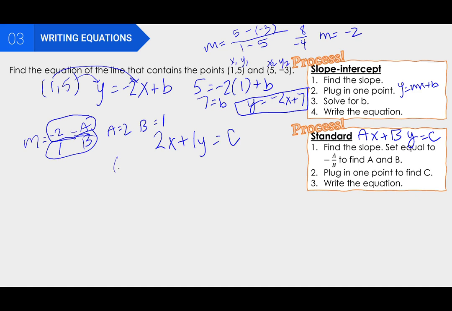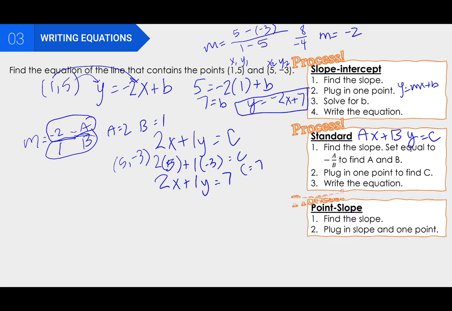Let's plug in (5, -3). So that's our x, 2 times 5 is 10, and 1 times -3. So we get 10 minus 3 is 7. Alright, 2x plus 1y equals 7. That isn't always the y-intercept. Be careful of that. That's not always c.